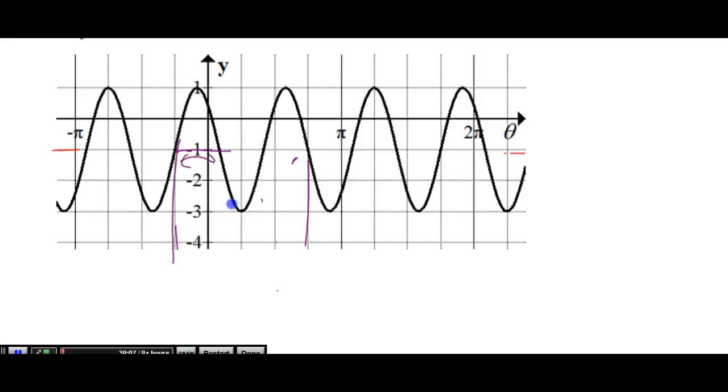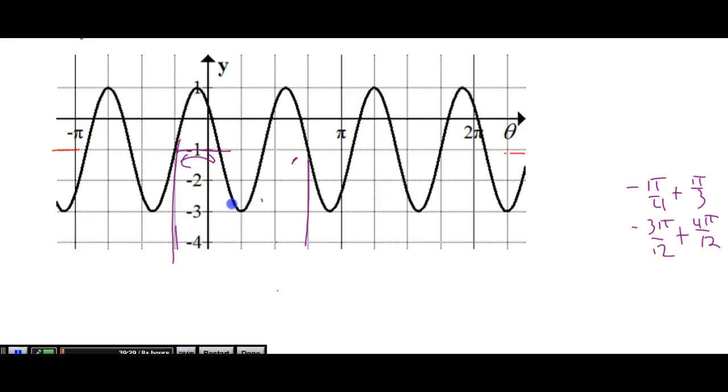And then that's half of 2 pi over 3, which is pi over 3. So it's like negative pi over 4 plus pi over 3, which is negative 3/12 plus 4/12, which is 1/12. So that's pi over 12, or minus pi over 12.